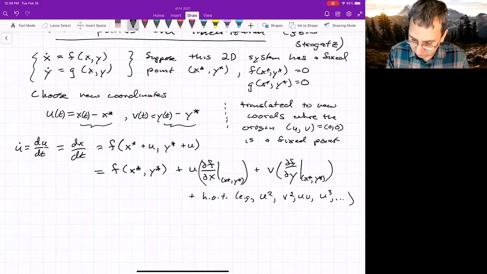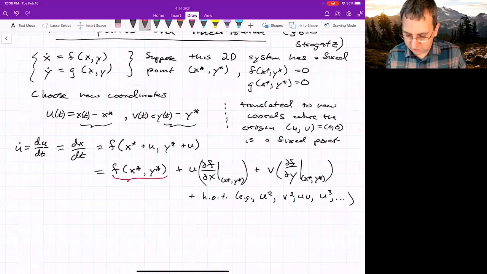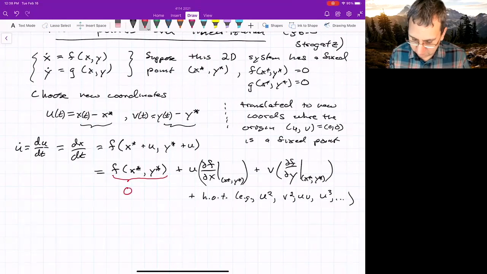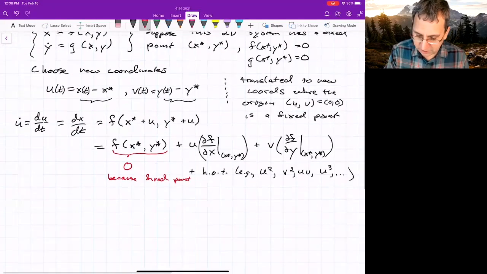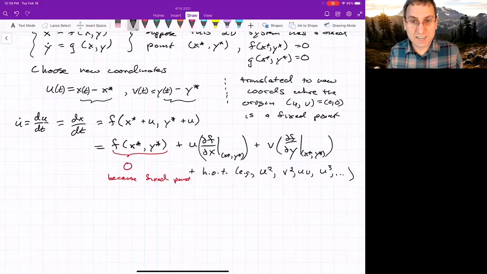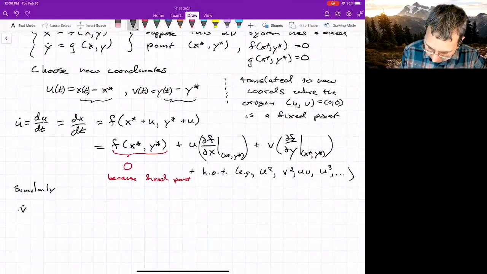But what is this? Because we have a fixed point, f of x star, y star is 0 because fixed point. So there we go. And we could do the same thing for v dot. V dot is going to be dy dt.